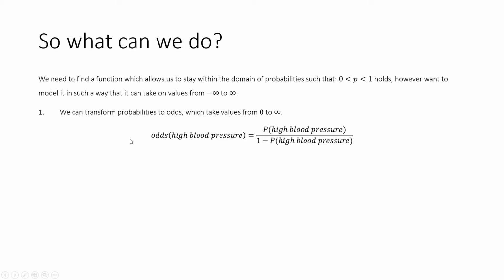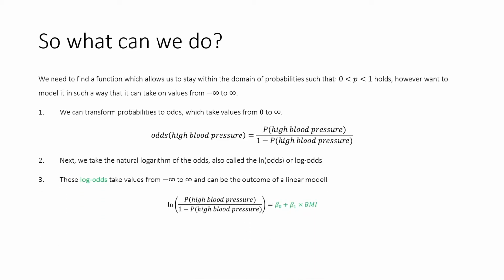So first of all, to calculate the odds, we can take the probability of some outcome, in this case high blood pressure, and divide it by 1 minus the probability of that same outcome. The next thing that we can do is take those odds that we just calculated and take the natural log of those, resulting in the ln odds or the log odds.